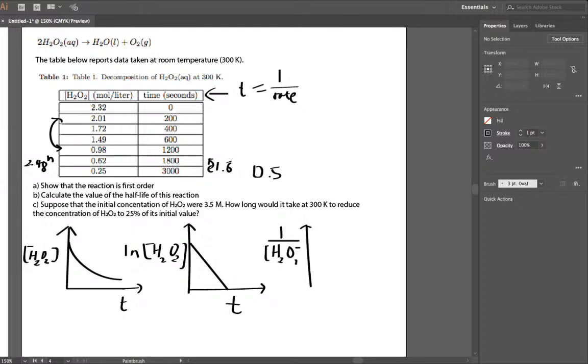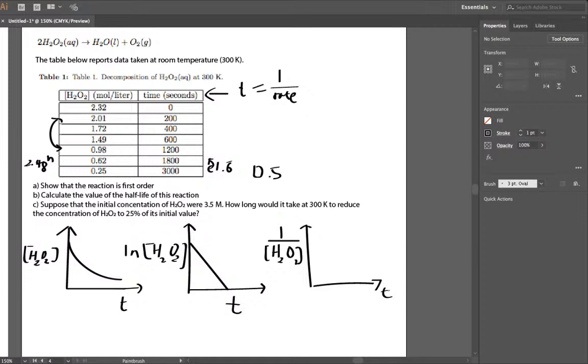So let me go plot that against time. Let's say y3 will be equal to 1 over y1. Let's make a new table. This would be y3, this would be x1, x2, x3.